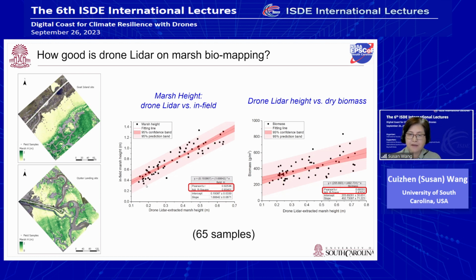This also shows the underestimation of the drone LiDAR extracted marsh height in comparison with the in-field measurement, which is basically lower, but there is a very high, strongly significant linear relationship between the drone LiDAR and field measurement. And that tells, again, the feasibility and capability of adjusting the drone LiDAR collection and converting it to the real field marsh height measurement.